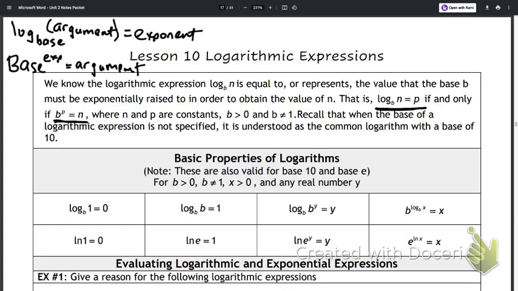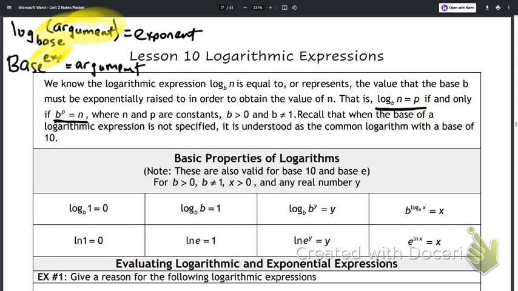So you can go back and forth between an exponential function and a log function in order to solve them. So right here, if we need to solve for the argument, we convert it to an exponential function. When you need to solve for an exponent, you change it to a log function. These are some basic rules written below that you need to remember.